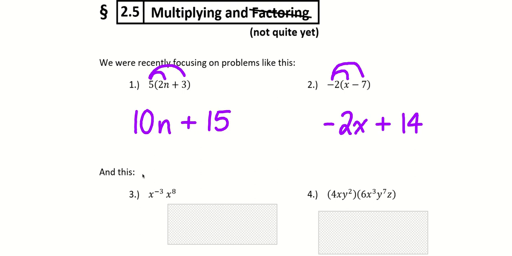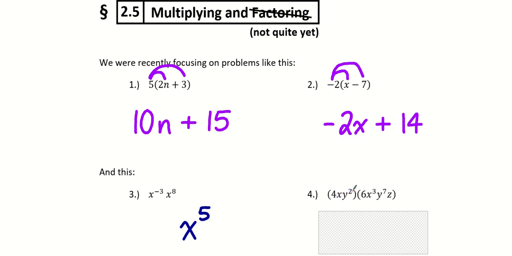But then in a separate section, we were also multiplying things that involved like bases. So x to the negative 3 power times x to the 8th power. To simplify that, we only need to add the two exponents together. Similarly, x to the first power times x to the third power would end up being x to the 4th power.